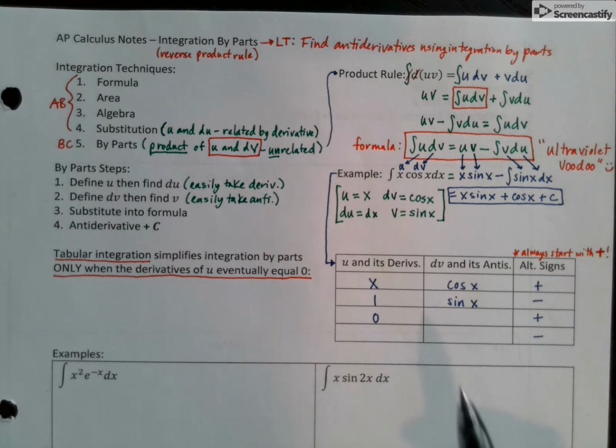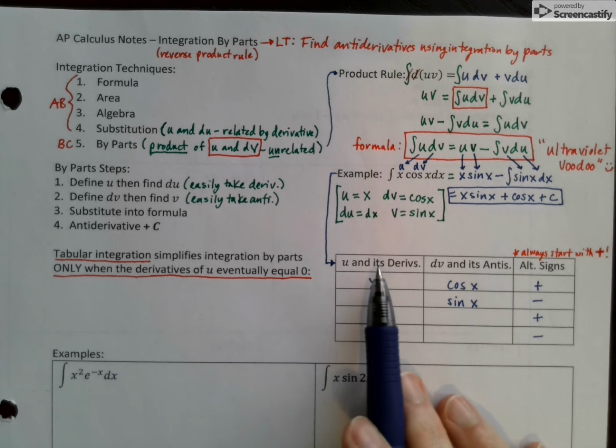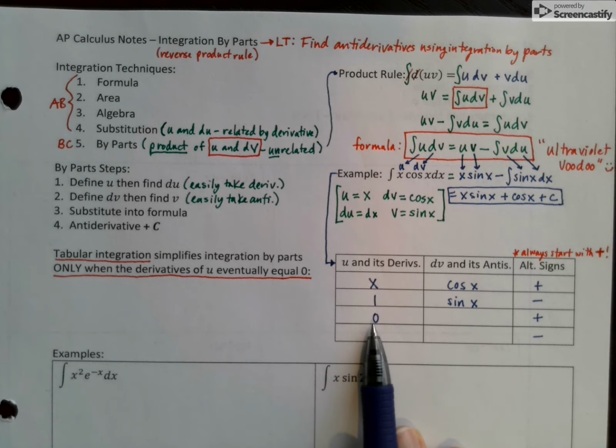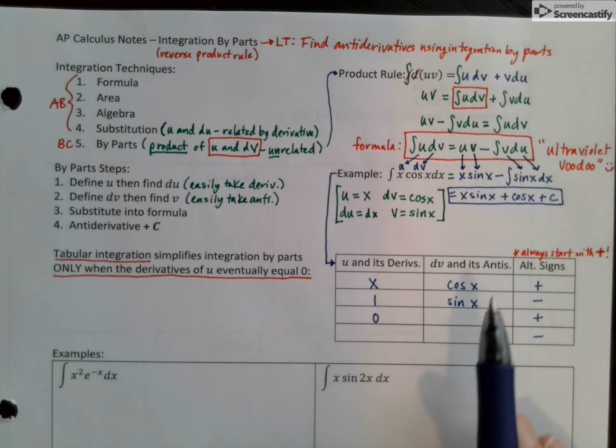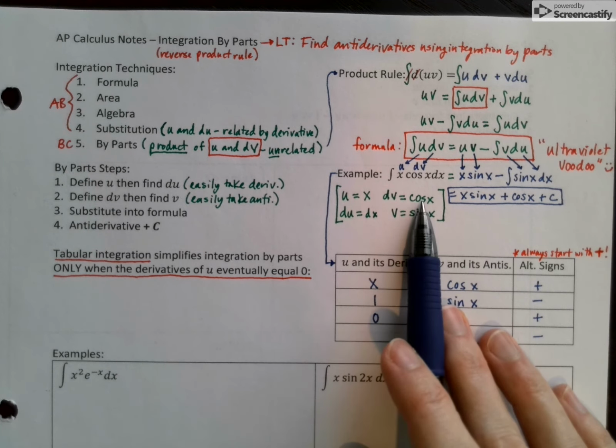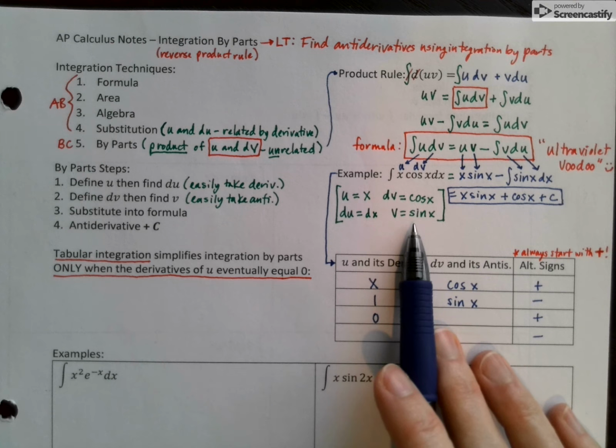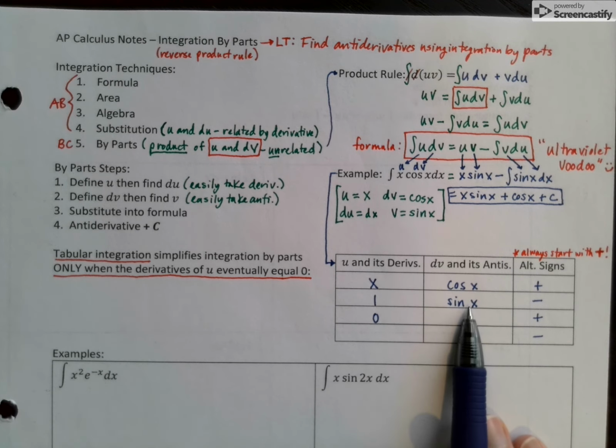As you can see, it's a 3-column chart. We're going to have a column for u and its derivatives, and we've basically already started that chart and talked through it. We started with u as x. The first derivative of that would be 1, the next derivative would be 0. And so basically that column ends when you get to 0. The second column starts with dv. You take the antiderivative, which you've already thought about in that example, is sine x.